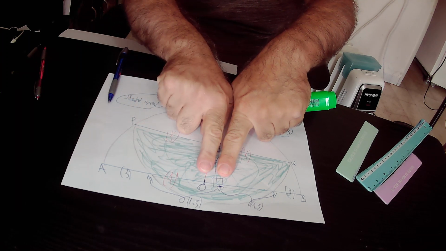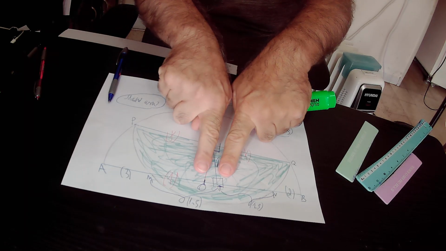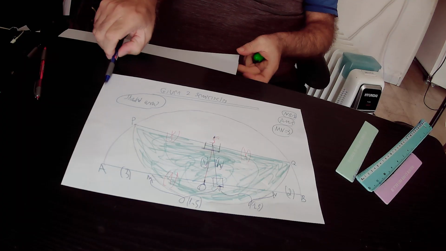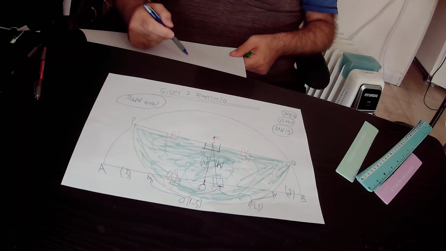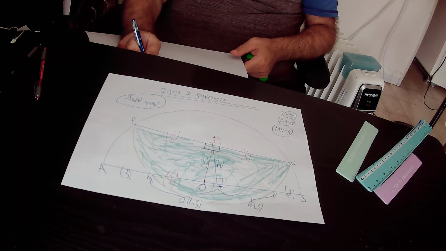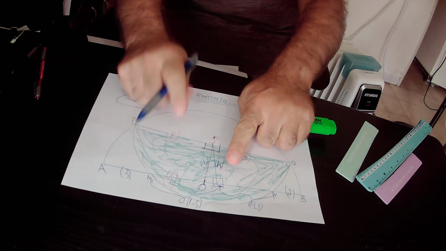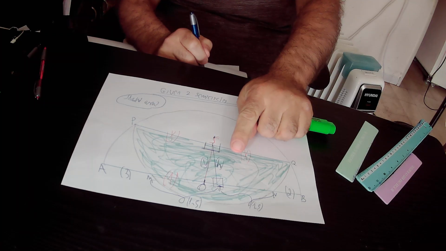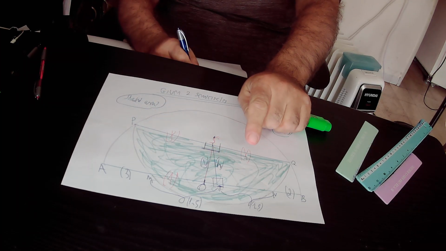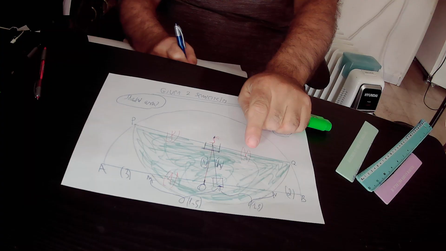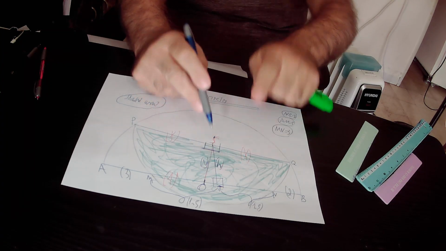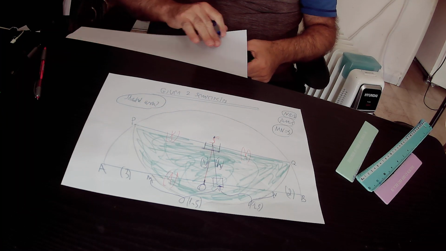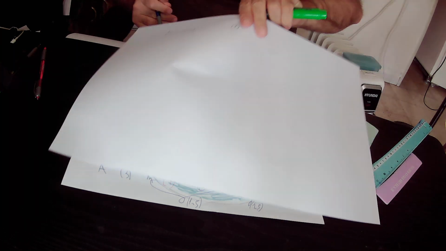Again, OT equals MT minus MO. Okay, so the short line segment OT is equal to MT minus OM.